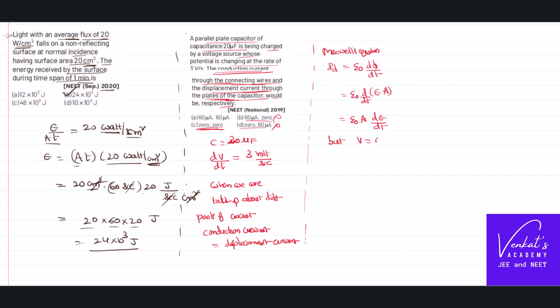We know the relation V equal to E D, so E can be written as V by D. That implies the displacement current is epsilon naught A d by dt of V by D.